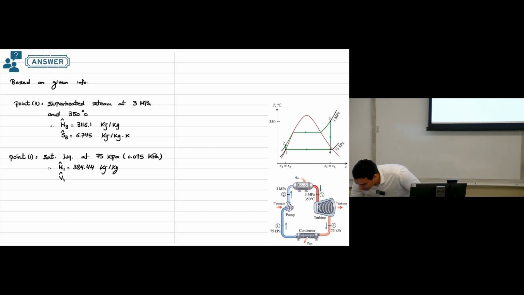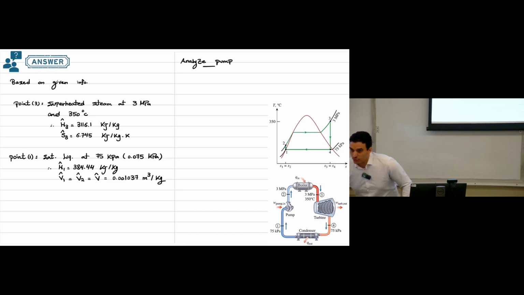Also the specific volume at point number 1 will be 0.001037 meter cube per kilogram. So we have H1, we have H3, and we need to find the other enthalpies. So we start by analyzing the pump.